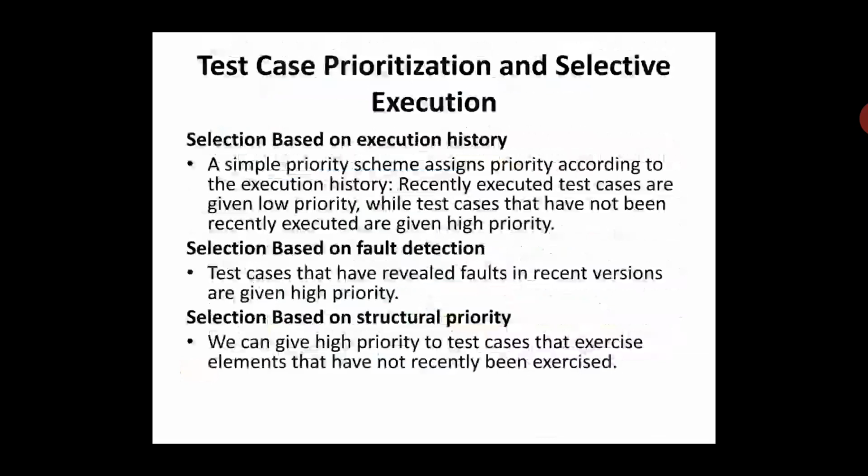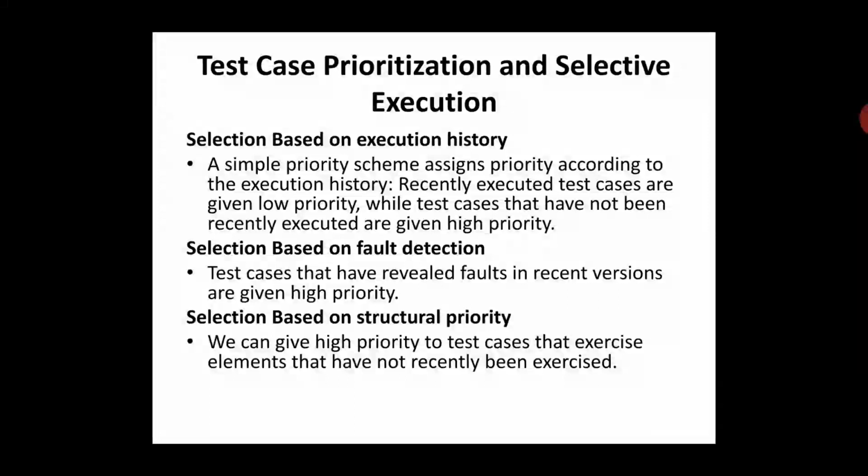Test case prioritization aside to execution. Why do we need to prioritize the test cases? If you need to execute all the test cases, it is time consuming, so we need to give more priority to some test cases. To give priority, we are following three approaches.